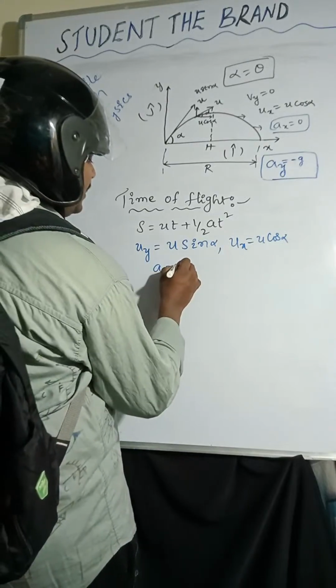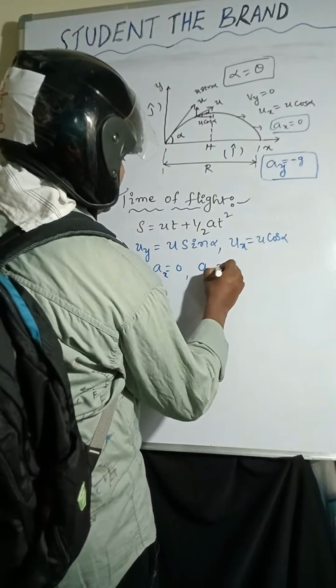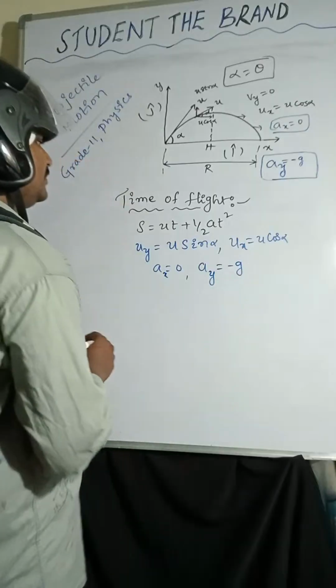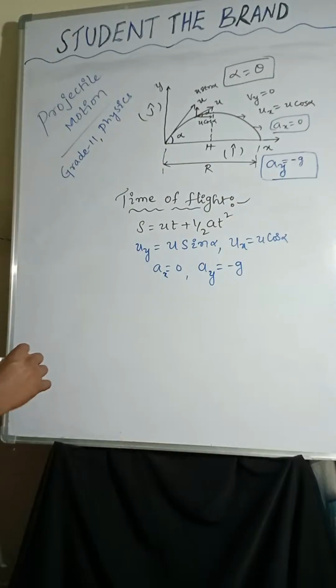Ax is 0 along the x-axis, and ay equal to minus g. These are the conditions I am considering.